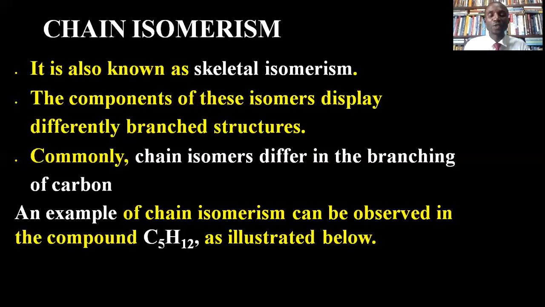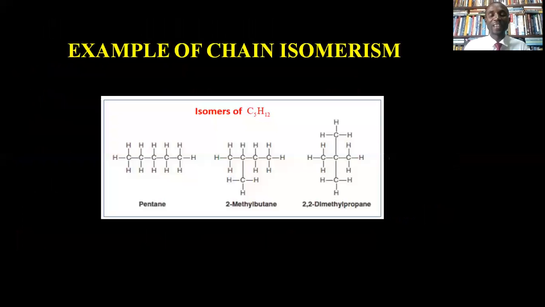Let's use pentane, which is C5H12, as an example to illustrate chain isomerism. We will have straight chain, branch chain, and all of that. We have pentane, C5H12. Then we have 2-methyl-butane, the same formula, but it has a methyl on the second carbon atom.